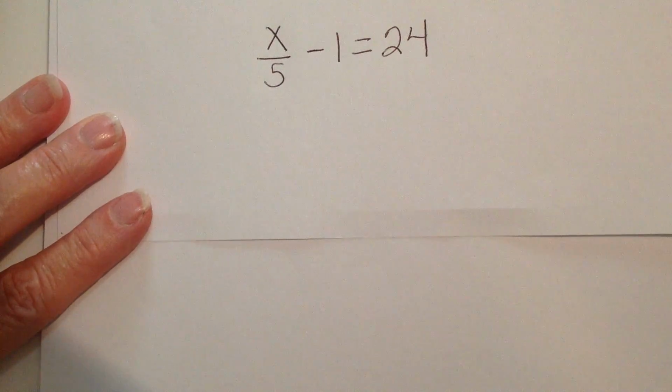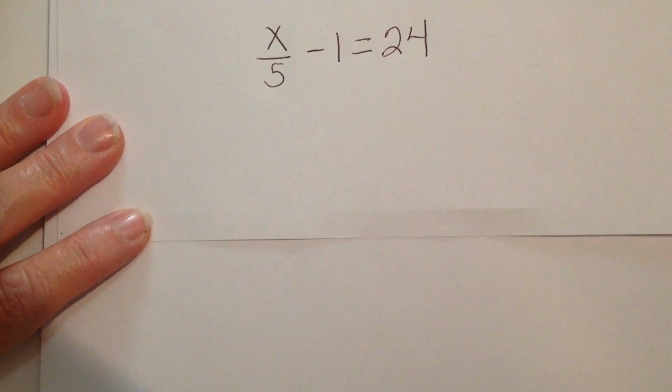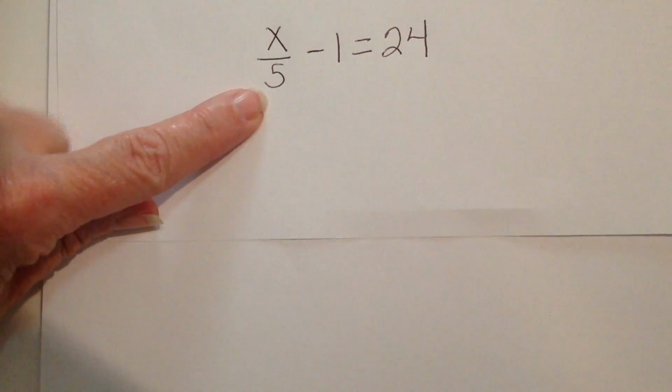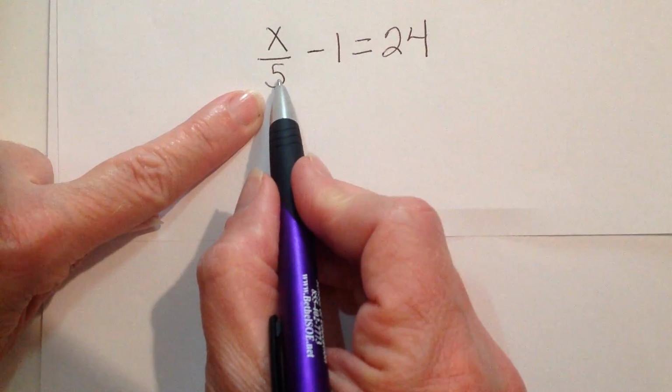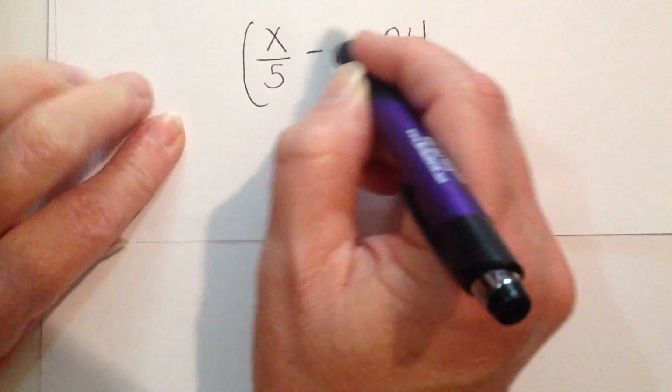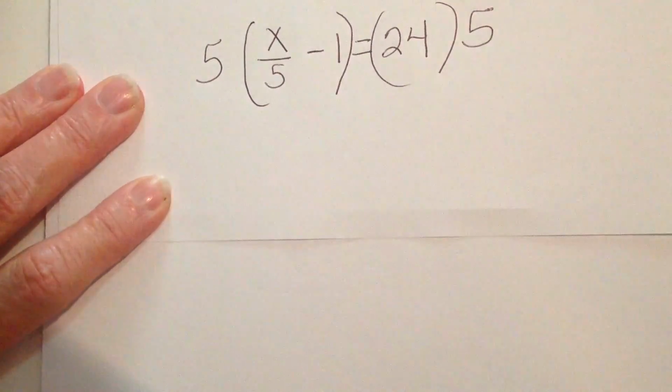Another way that you can look at solving an equation that contains fractions is to multiply each term through by a common denominator, or just look at it as multiplying each term through by the denominator of the fraction. The only denominator that I have in this problem is 5. So if I multiplied both sides by 5, watch what happens.